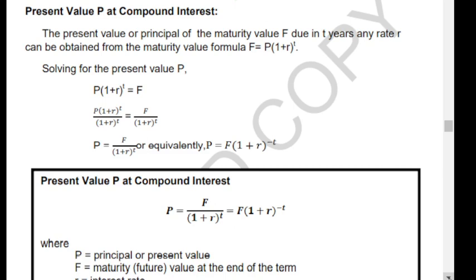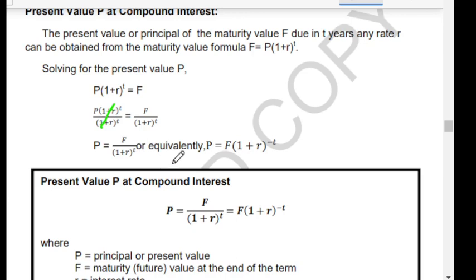F is equal to P quantity 1 plus R to the power of T. Solving for the present value P, we need to divide both sides by 1 plus R to the power of T. So our P is equivalent to F over quantity 1 plus R to the power of T.